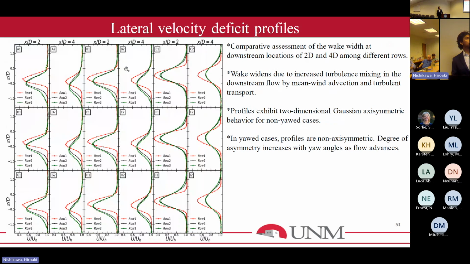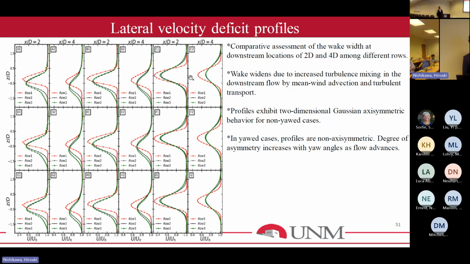So these are the lateral velocity deficit profiles. X by D equal to 2 means 2 diameters downstream and X by D equal to 4 means 4 diameters downstream from the turbine. As you go downstream, the width of the lateral velocity profiles widens and the magnitude also reduces because of the wake mixing.